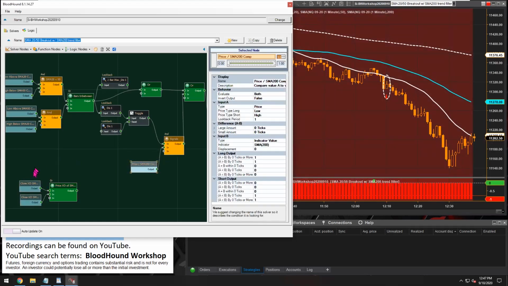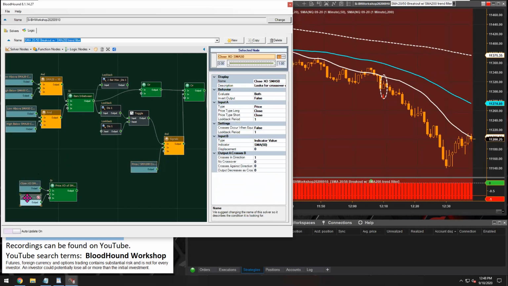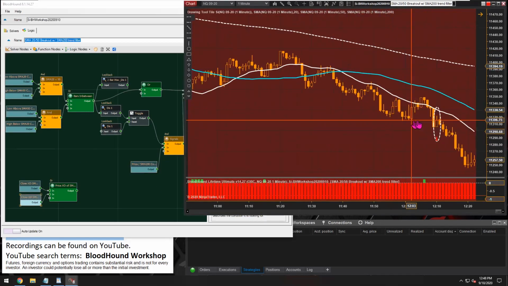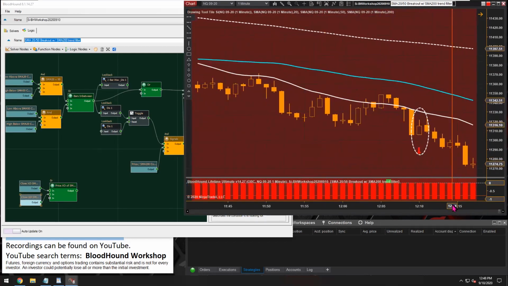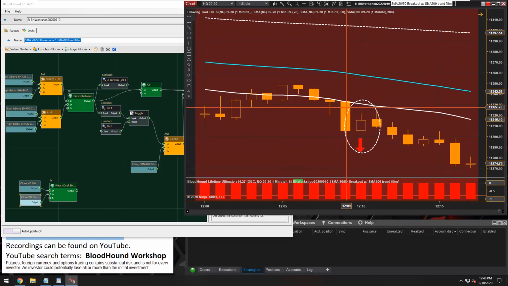And what I'm going to do is make a new set of crossover solvers. So if you zoom in and take a close look, what does it mean when we need the entire bar to cross over one of the moving averages?